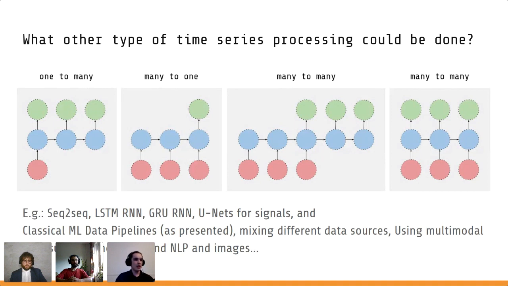And above is an image of different types of time series processing problems we can solve. So we've just solved a many to one type of time series processing problem, where from left to right are represented time steps, which are like reading one from the sensors, reading two from the sensors, reading three from the sensors.